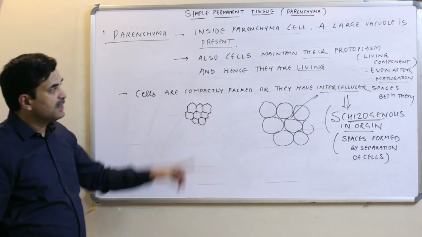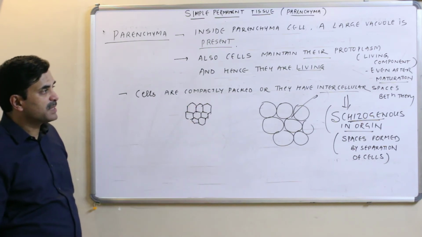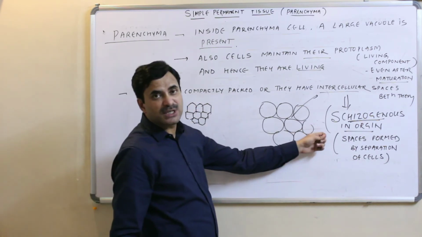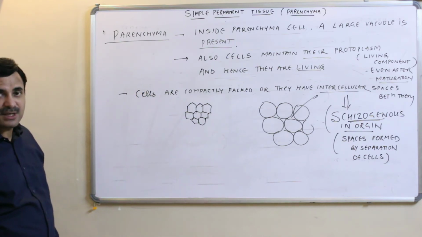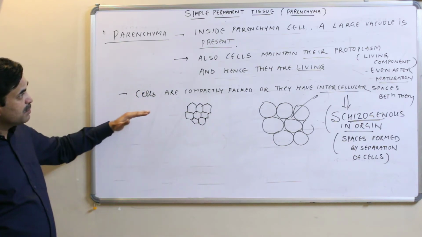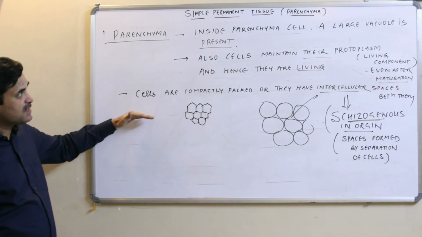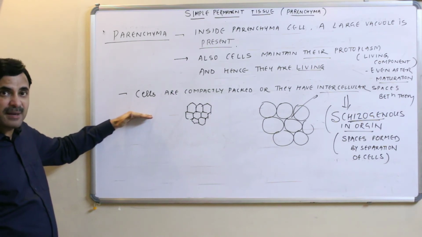So I want to say that the intercellular spaces are cytogenous in origin. Are you getting? So these are the general features of the parenchyma.